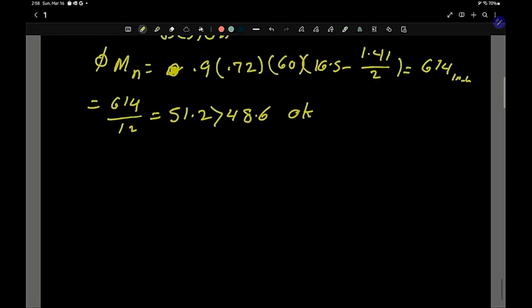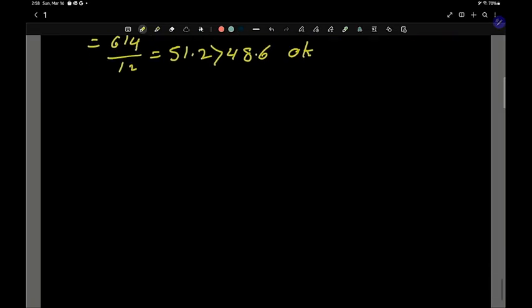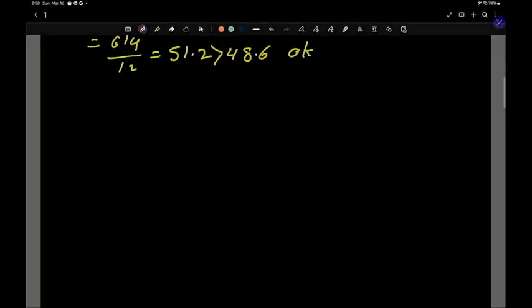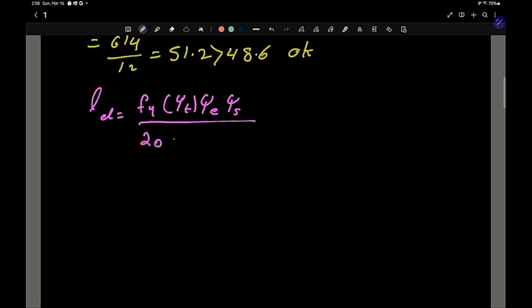The equation right here says LD is equal to FOI times these factors, T, there's one for E, I think there's one for S, divided by, in our case, 20 lambda times square root f prime c.